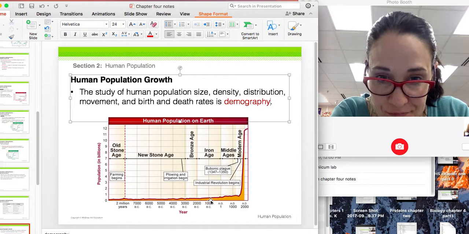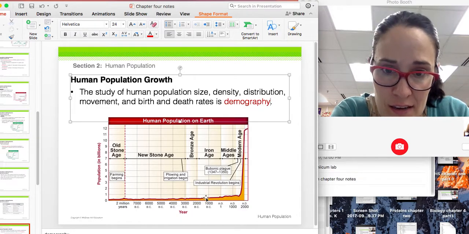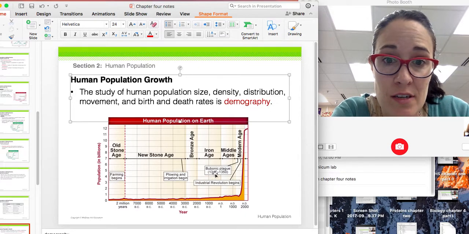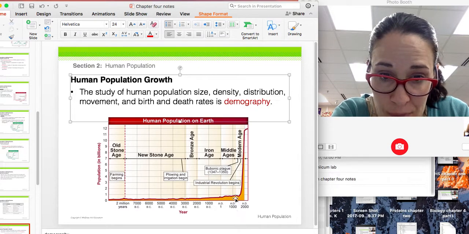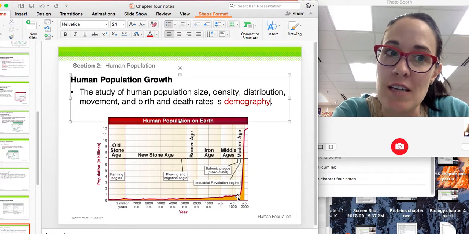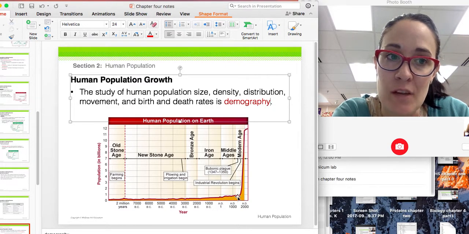So here, just look at 1000 BC. We see that the population growth of humans is steadily increasing right here. In the Middle Ages, that bubonic plague that I mentioned killed off a lot of people. That's where we see that little dip right there. It seems like a small dip, but it was a good chunk of people that had major effects on human population numbers.